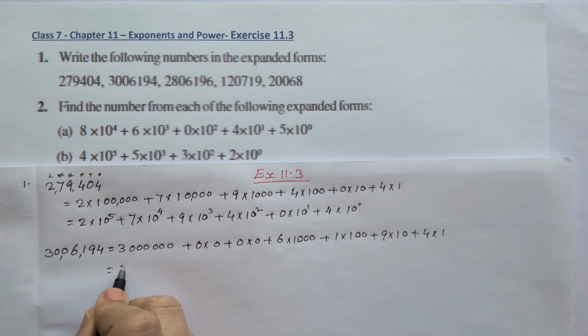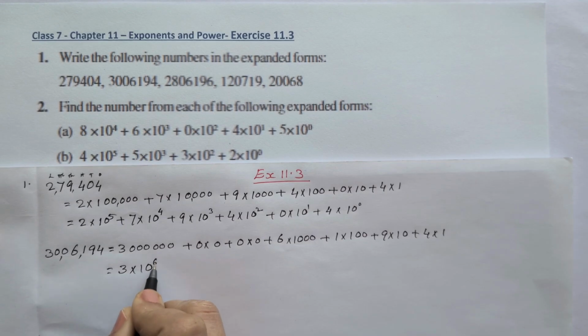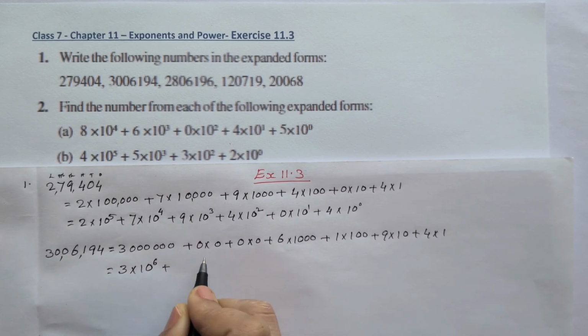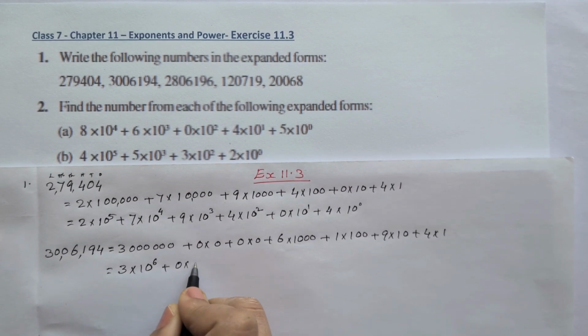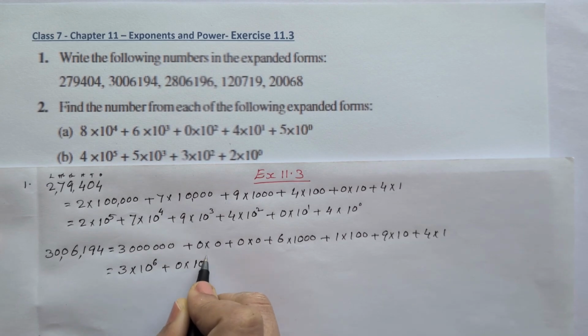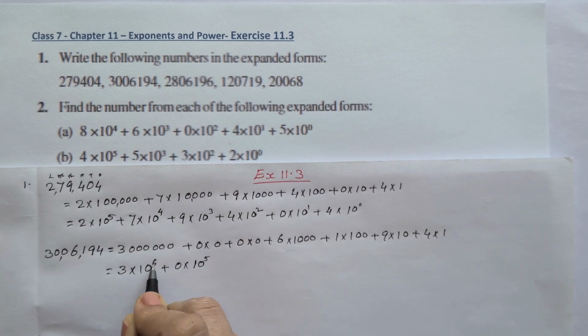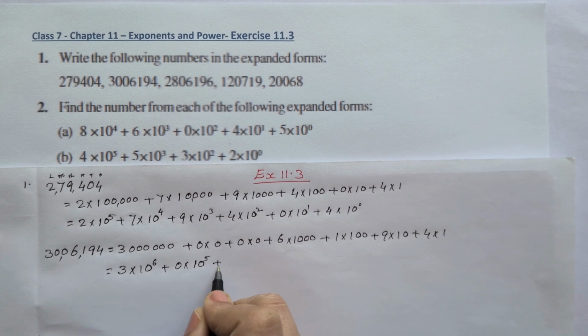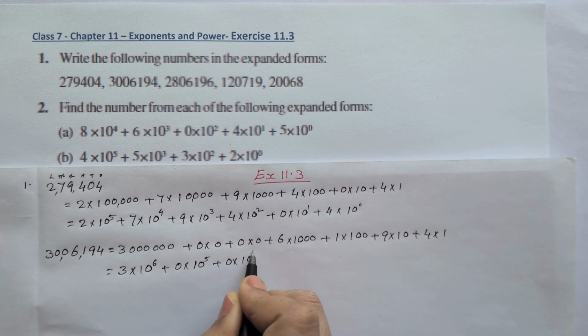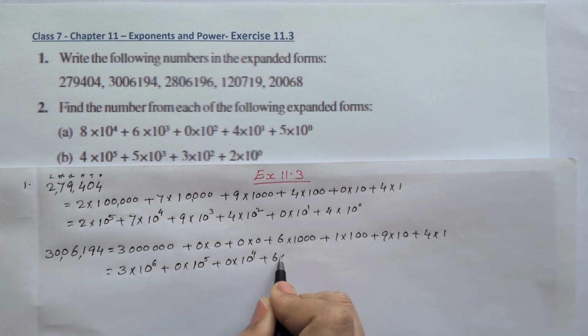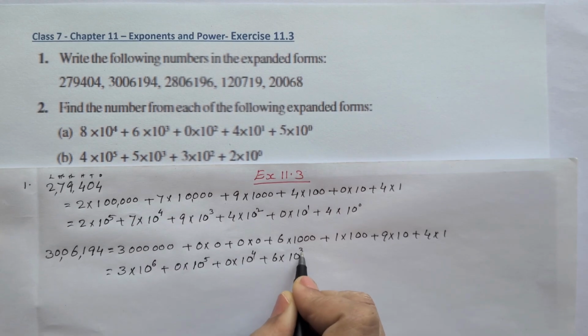Same thing we can write as 3 into 10 raised to 6 plus 0 into 10, that means we can write as 0 into 10 raised to 5. 0 into any number, that is 0 itself. So we can write it to keep this in order: plus 0 into 10 raised to 4 plus 6 into 1000 means 10 cube.